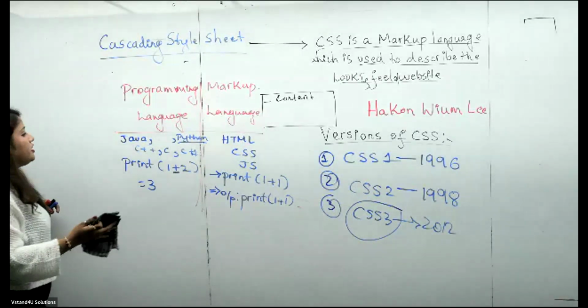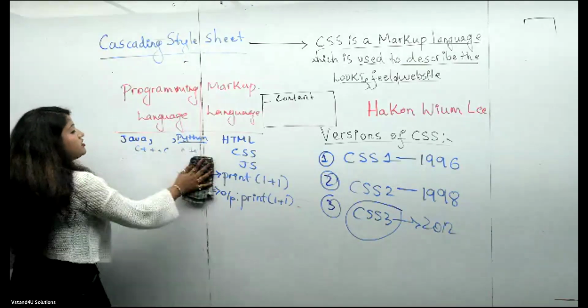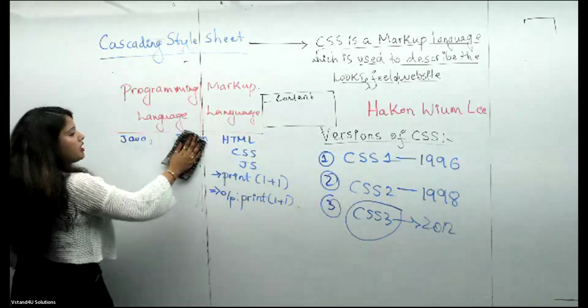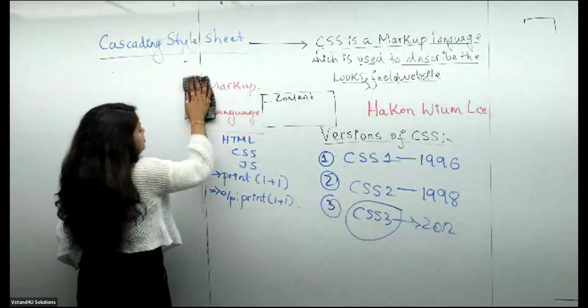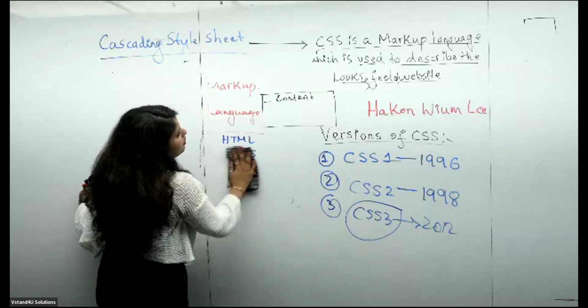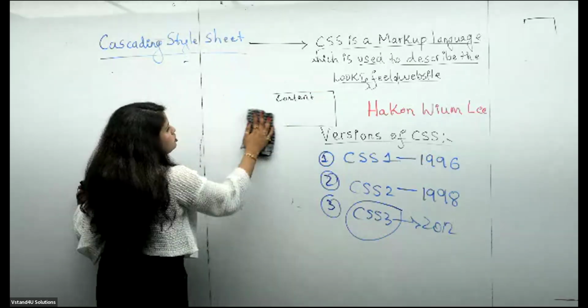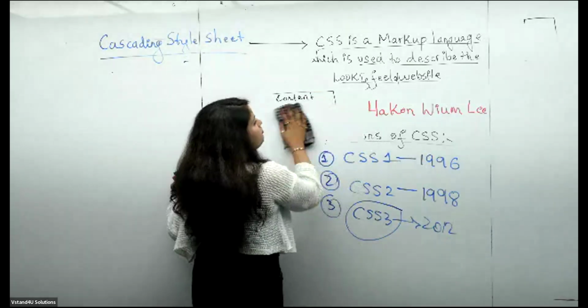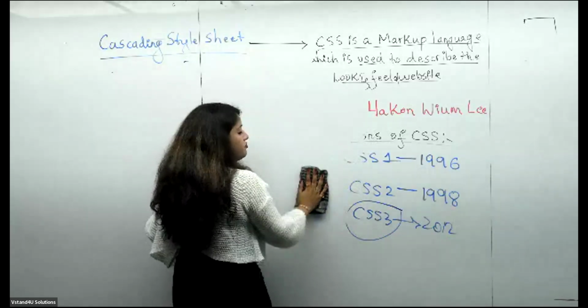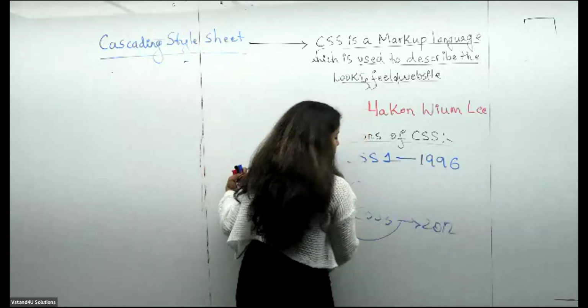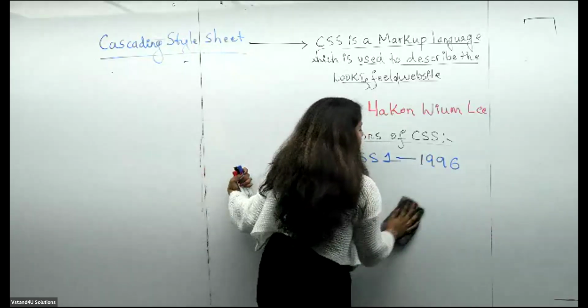Yeah, tell me. Don't tell the definition. CSS is a markup language. Okay, I will ask in this manner. You said cascading style sheet is a markup language, which is used to describe the look and feel of the website. Now tell me, what do you mean by cascading? What do you mean by cascading?